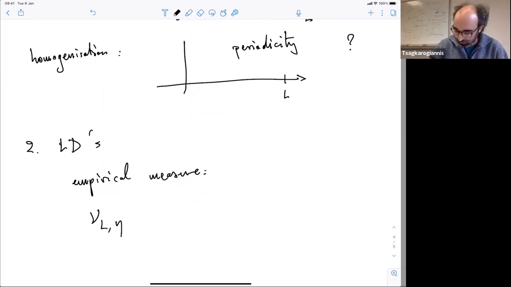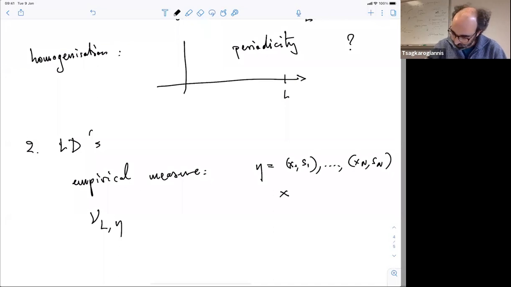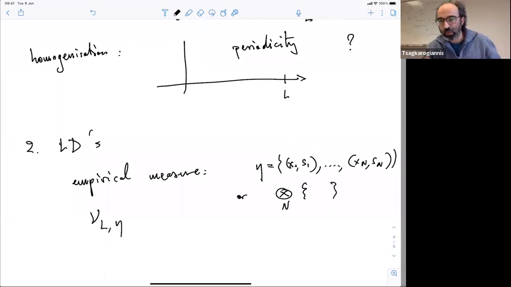So maybe by eta, now I call x1 s1, xn sn, or even if you want, I can take also the product space, for all n of these things, depending on which space I am, but I don't want now to waste time on the technical part.